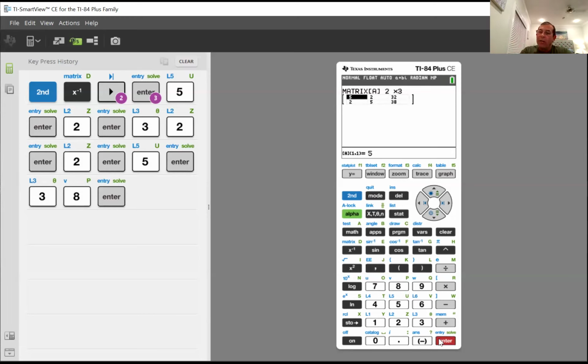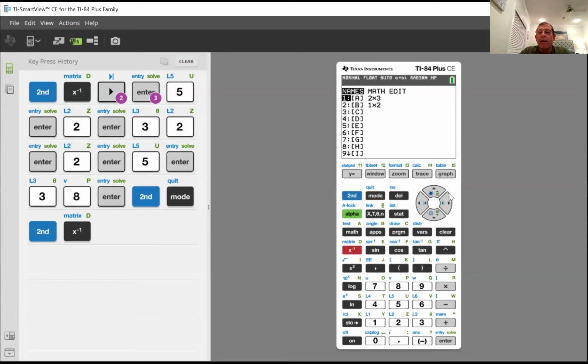So now we quit by hitting second mode. Now, remember, we're going to go in and get the math operations. So hit second, x negative 1, arrow to math. And remember, I'm going all the way down and getting that RREF. And then I'm going to hit enter.